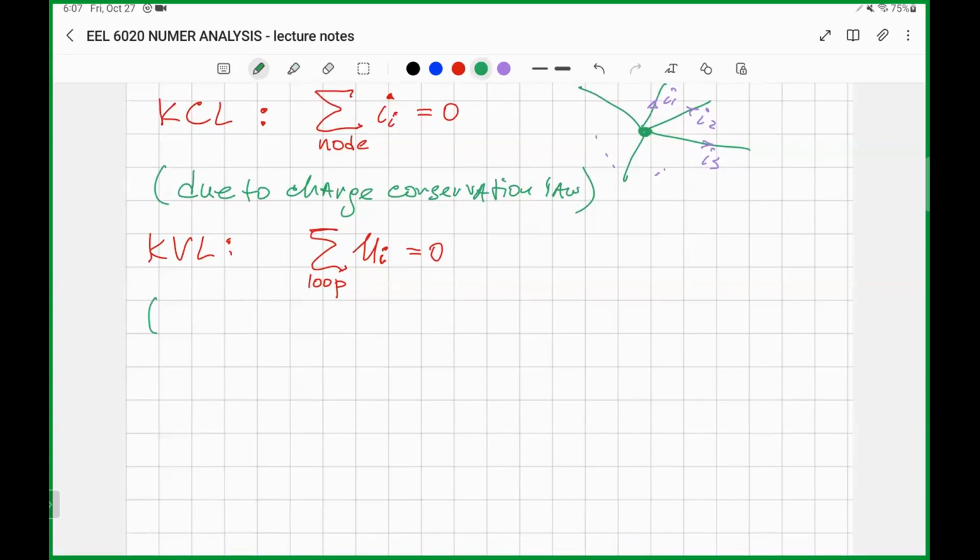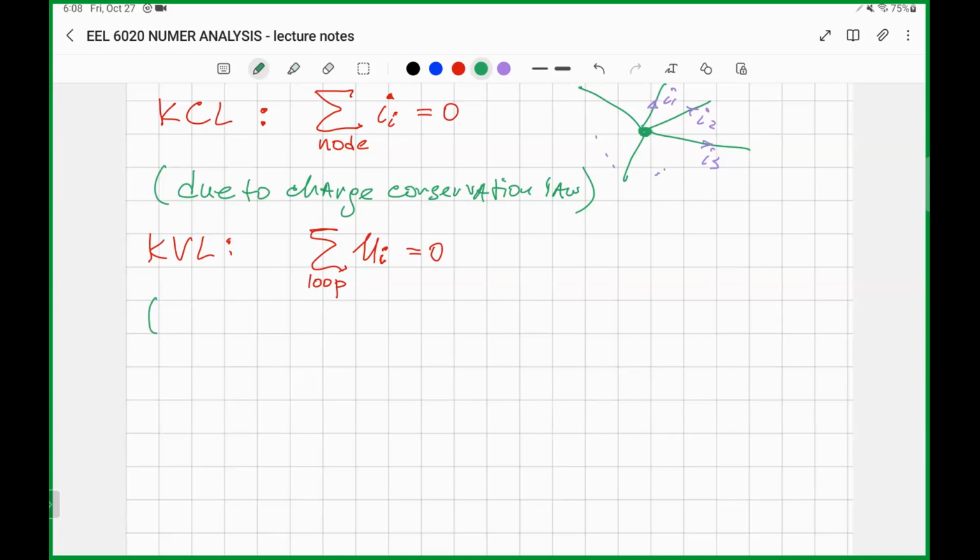The voltage is connected with the energy, and when I sum up all the energies in the circuit, it leads to the fact that the energy is conserved.